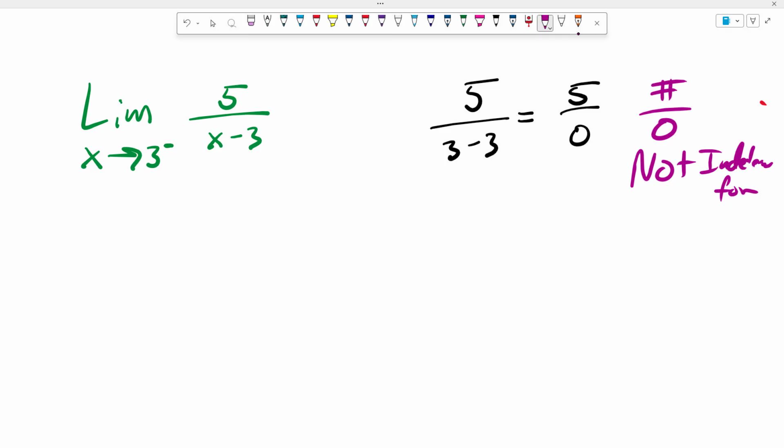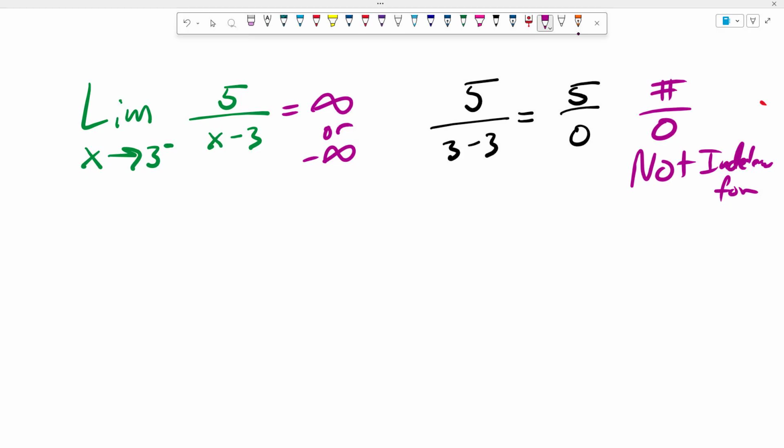Whenever you get a number over 0, the answer is either going to be infinity or negative infinity. Here, this rational function has a vertical asymptote at 3. Once we know it's a number over 0, we now just have to determine which one it is, positive or negative infinity.